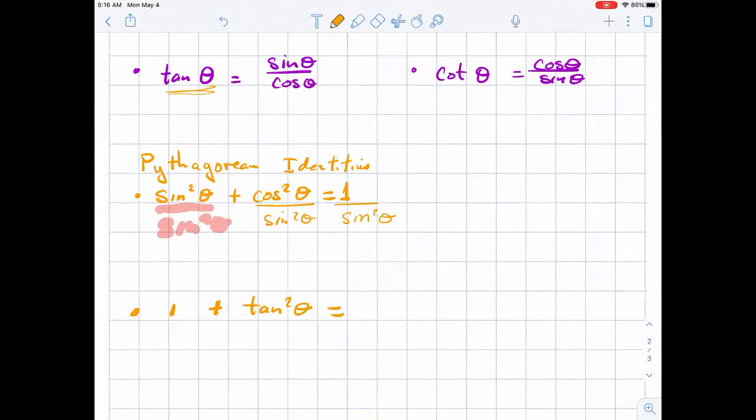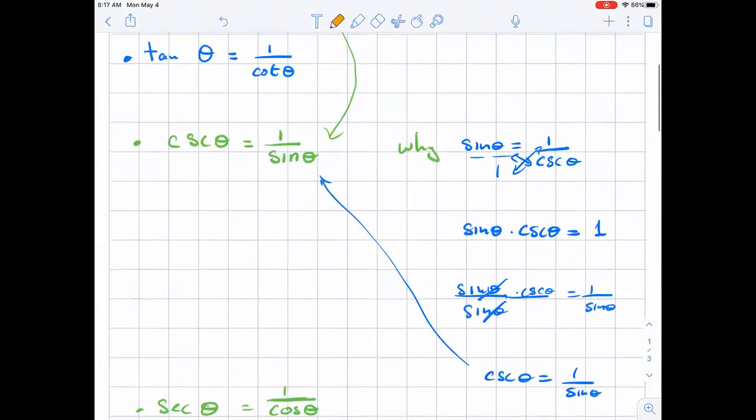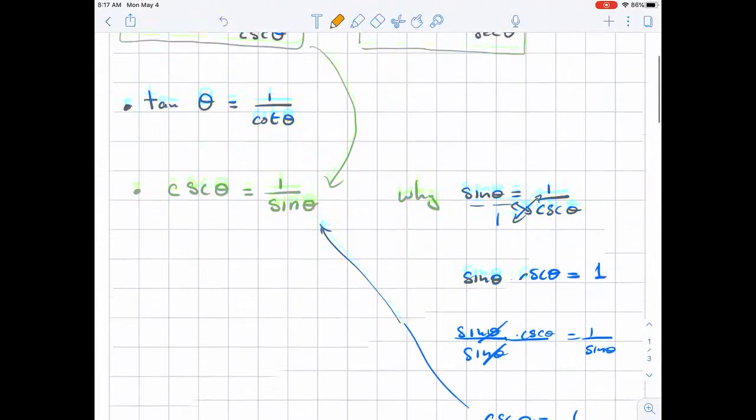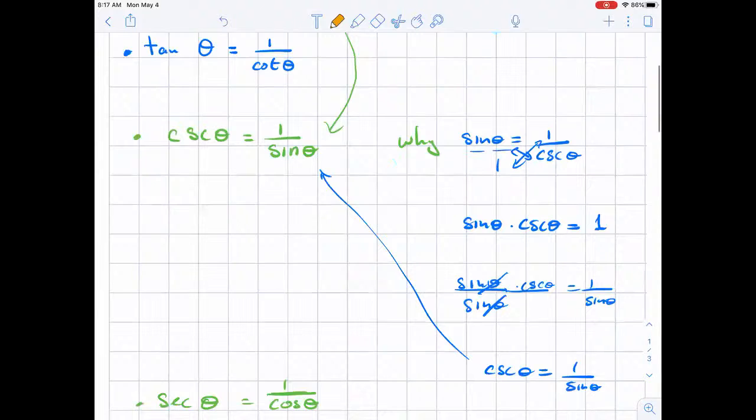Well, 1 over sine we know is cosecant. Okay? Cosecant, sorry. 1 over sine squared will be cosecant squared theta.